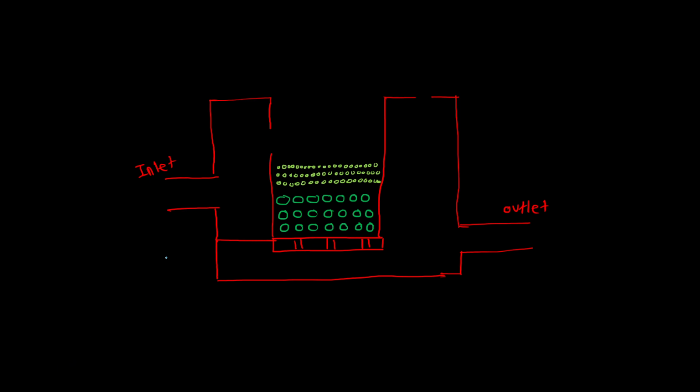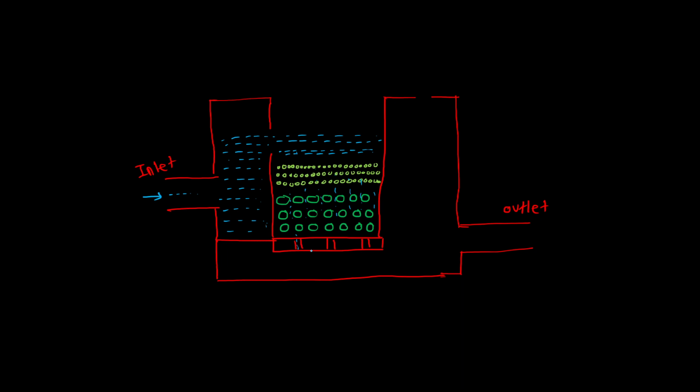So now look at this. The water is coming here. So water is first getting settled. Then slowly the level of water will increase and the water will come in contact with the filter media. As soon as the water comes in contact, it will start seeping through this filter media and the gravel bed.